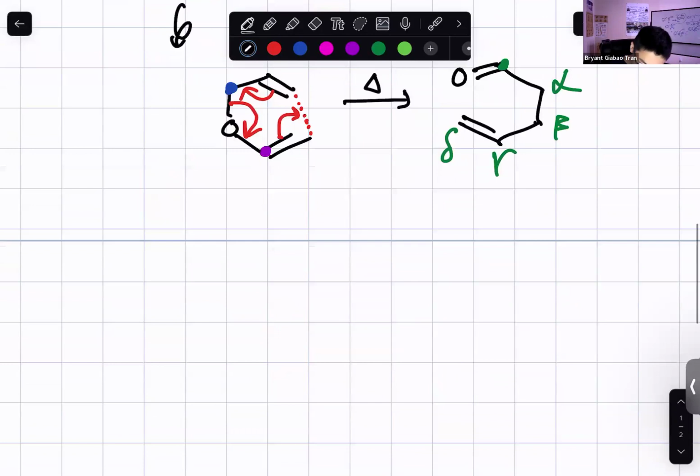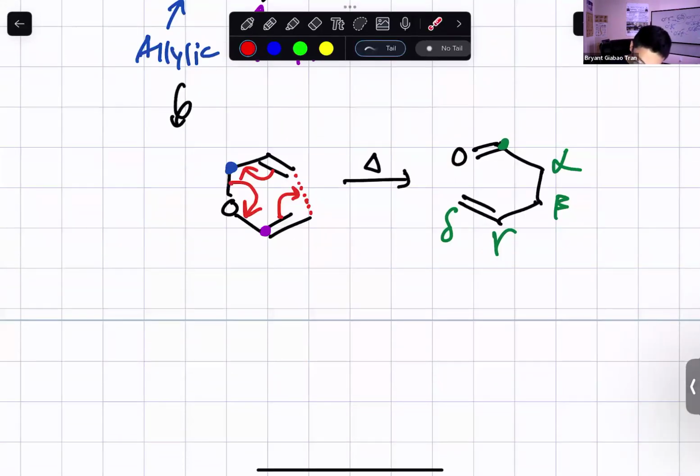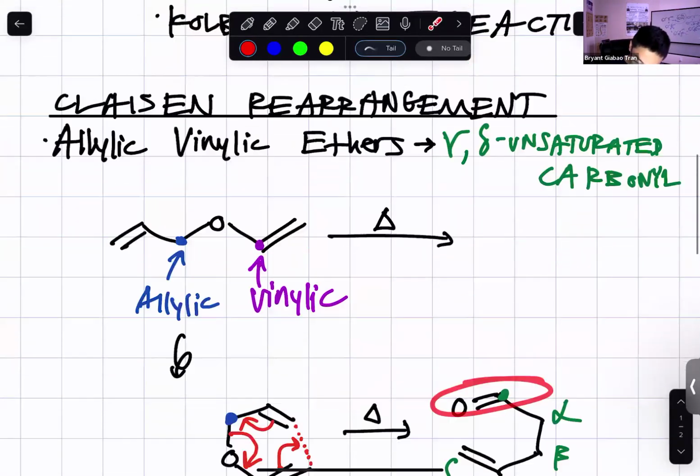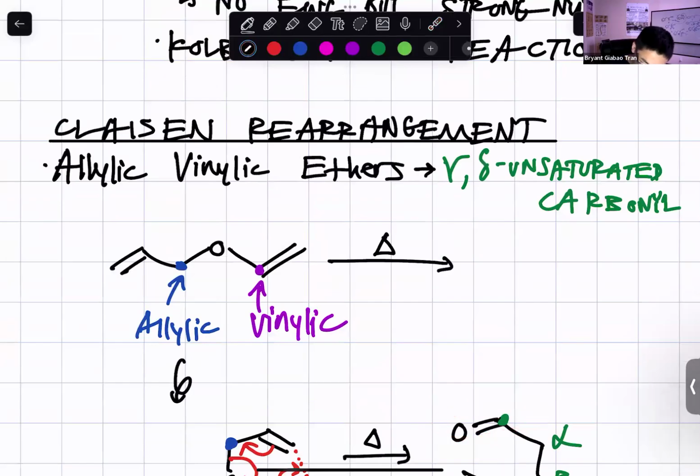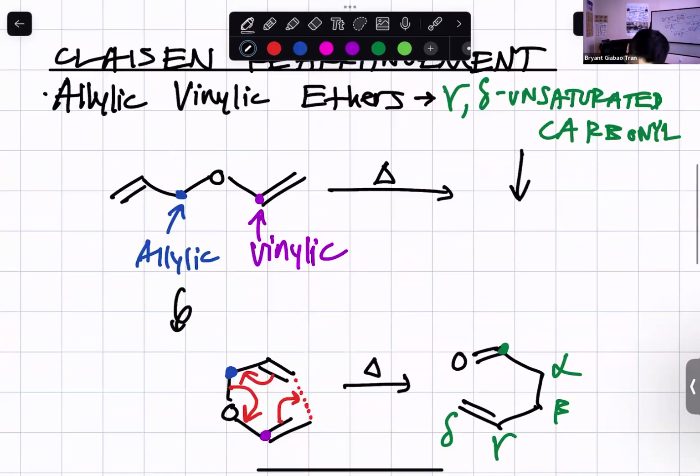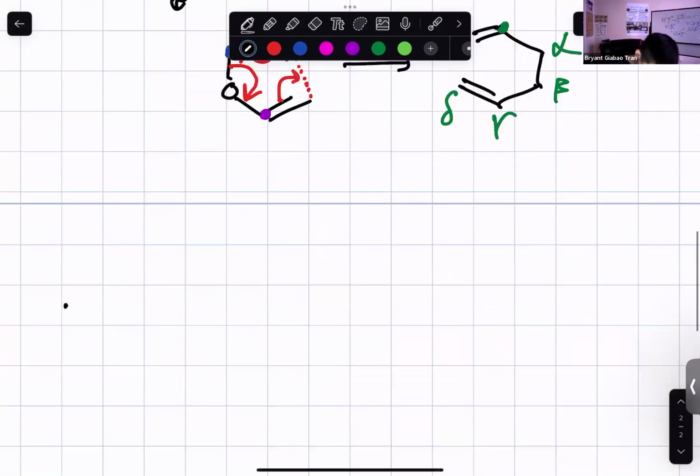There is a case where we will not stop at the gamma delta unsaturated carbonyl, but we would go further.